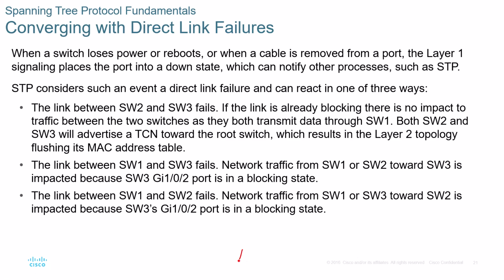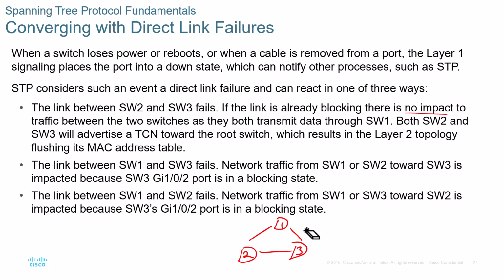So if this link is down and it's in a blocking state, then nothing happens. So there's no impact to the traffic between the two switches as they're both transmitting out those ports.